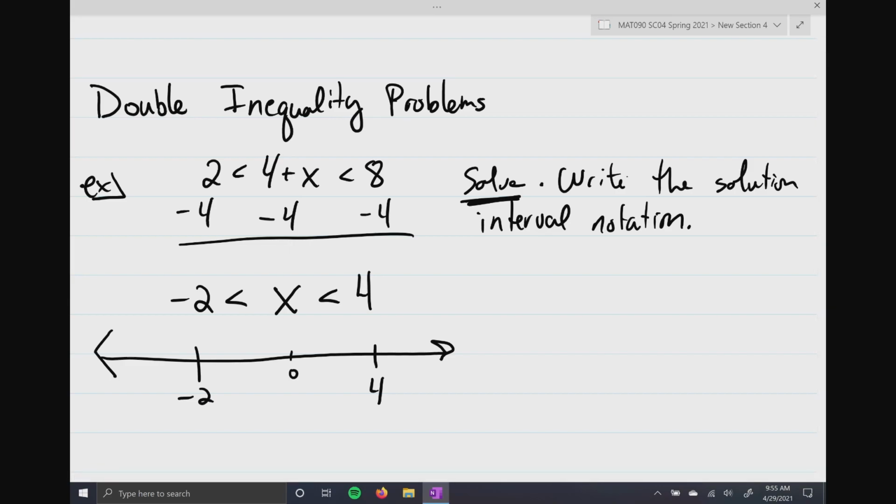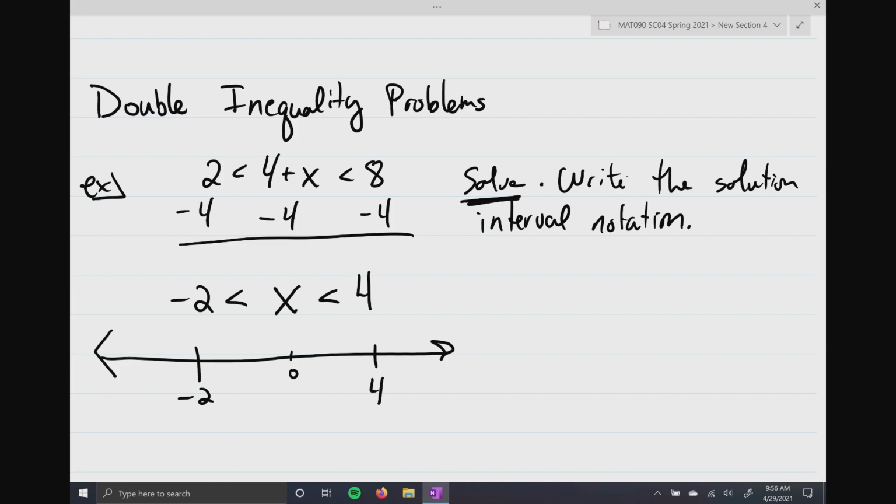In other words, the x is going to be anywhere in between negative 2 and 4. The question becomes, are you allowed to include negative 2 in your answer? And the answer to that is no, because it's less than. If that was less than or equal to, then you would include it.